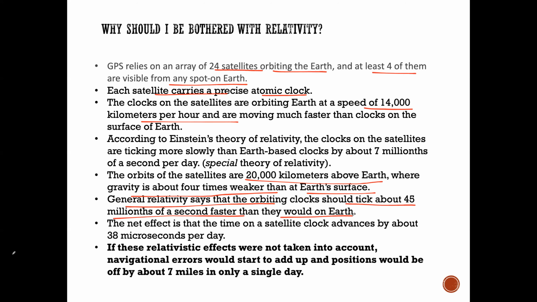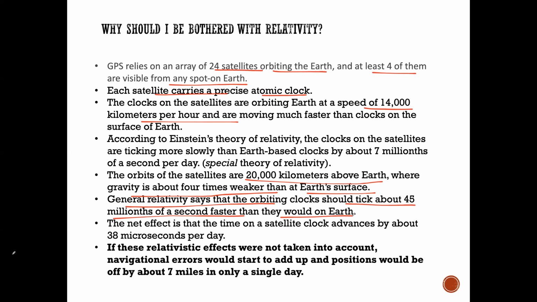You can see that the difference is very, very small, right? 45 millionths of a second due to the weaker gravitational field close to these satellites compared to our Earth.